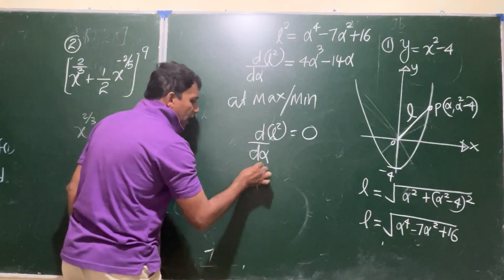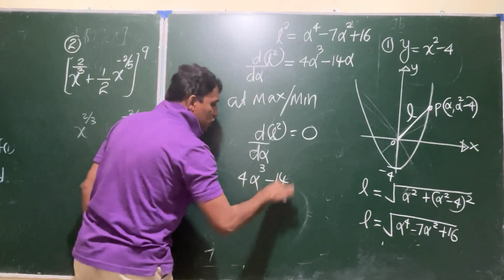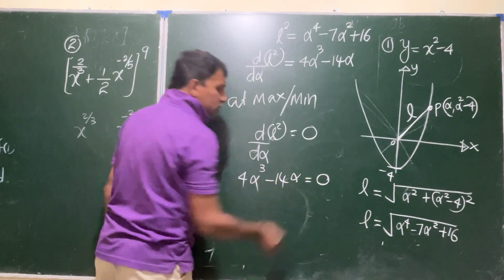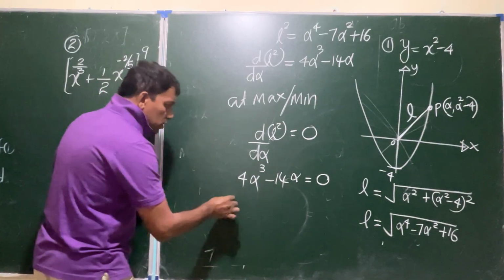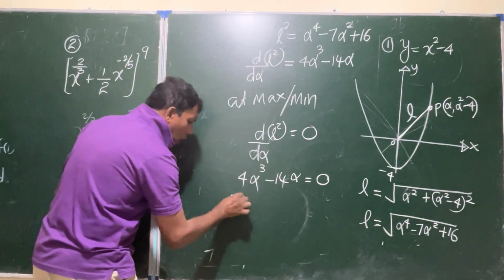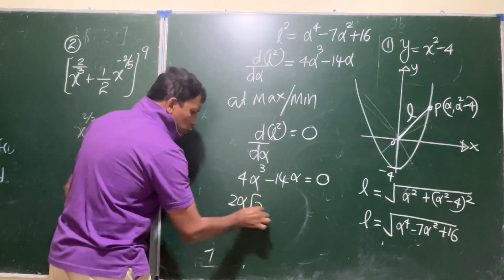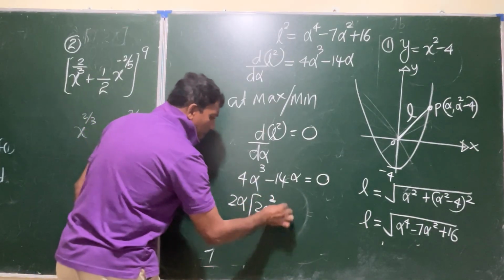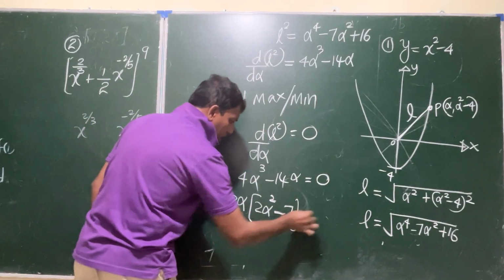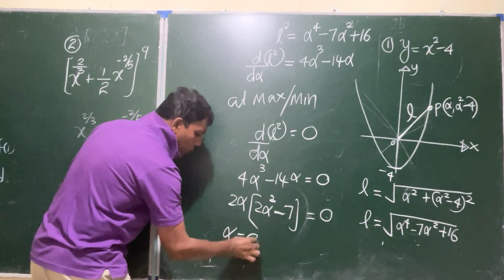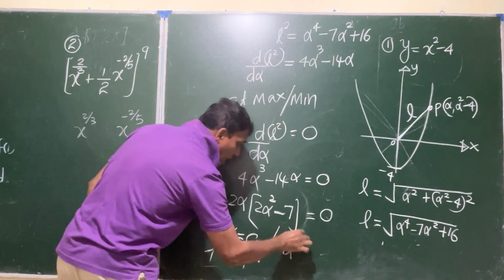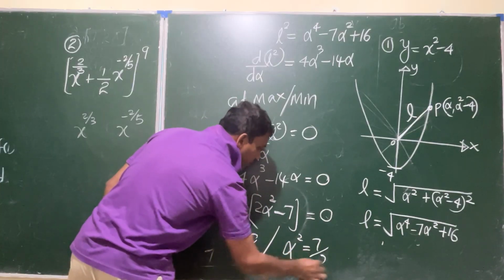Therefore, 4 alpha cube minus 14 alpha equals 0. So can I take 2 alpha out? 2 alpha into 2 alpha square minus 7, is it okay? So therefore alpha is 0 or alpha square is 7 over 2.